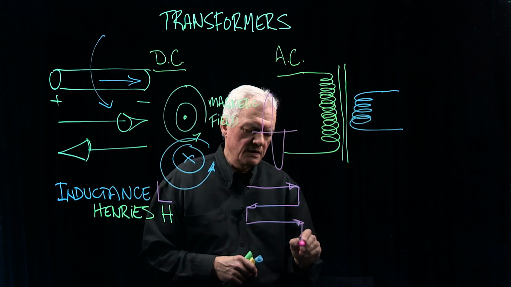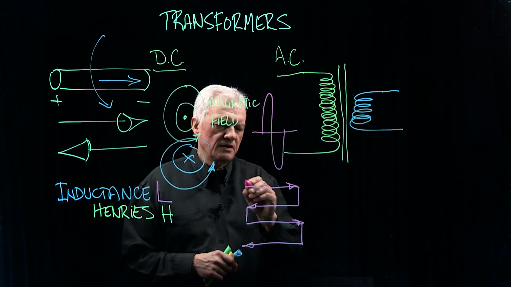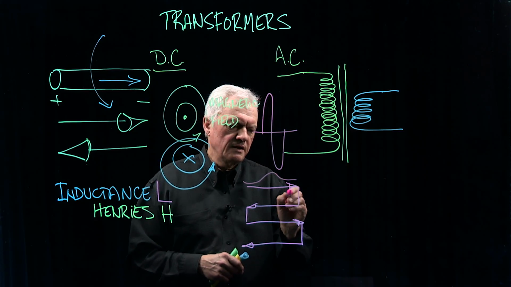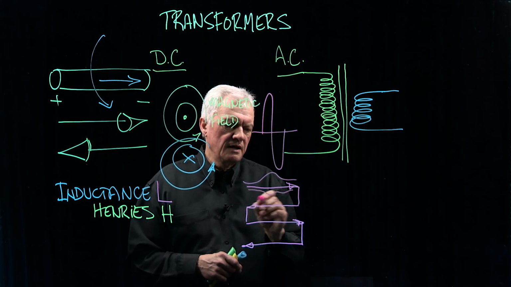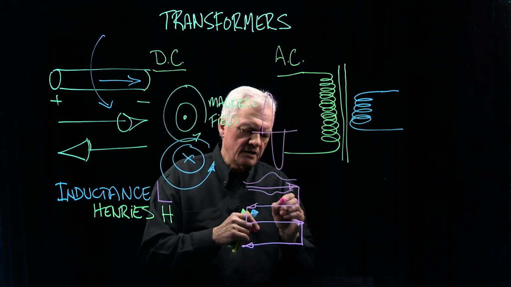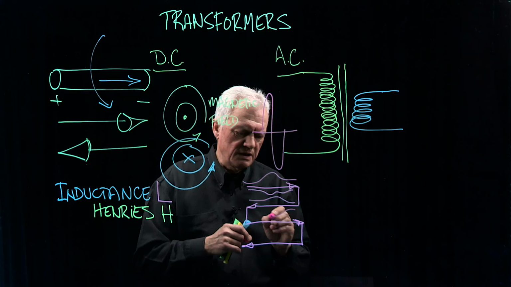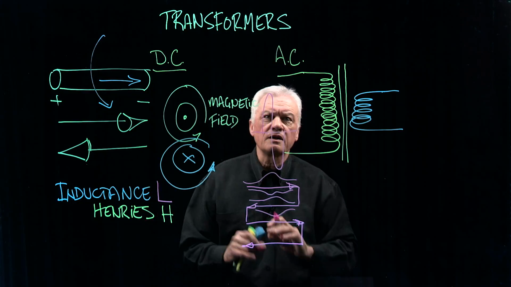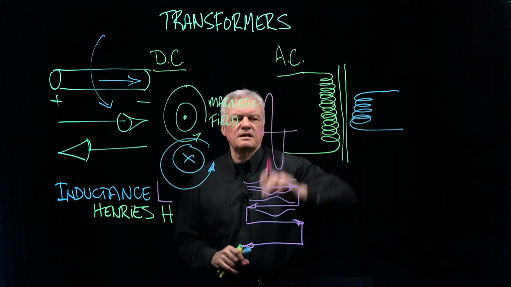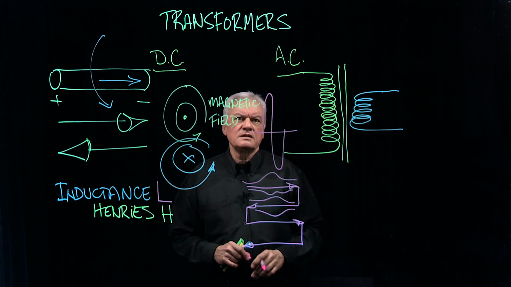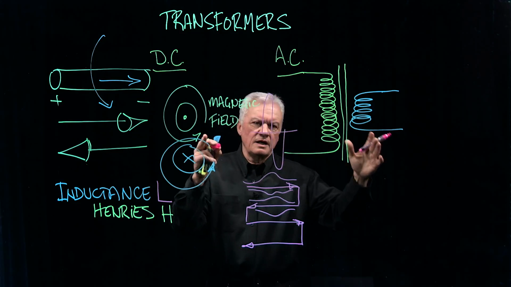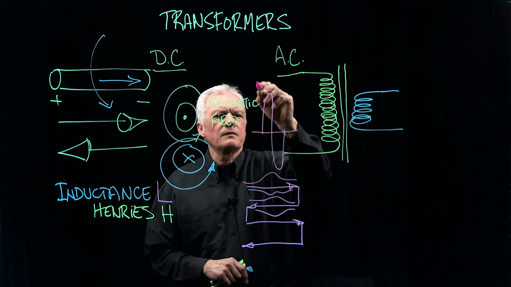I'm going to put a lot more charge in, it bubbles out, then I slow down, and back and forth. So I represented this as a voltage changing in time, in amplitude, and a time scale here.